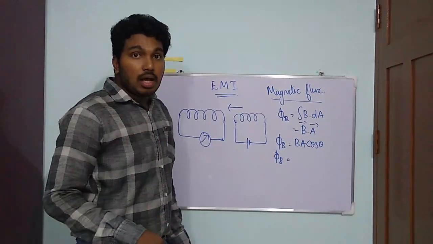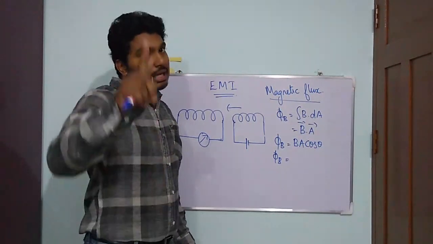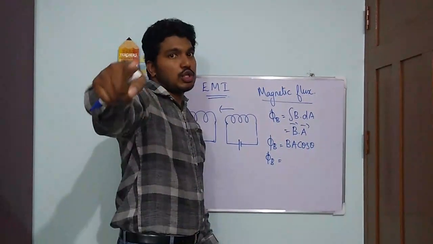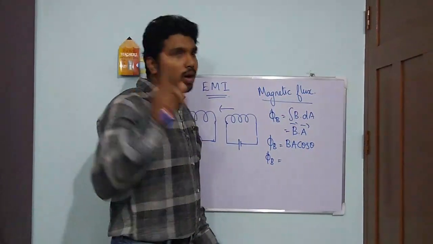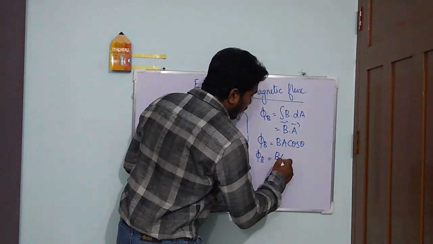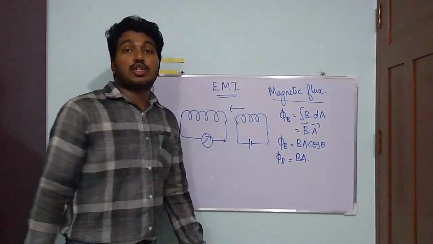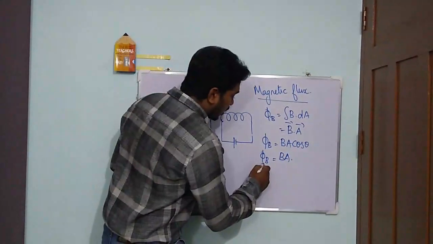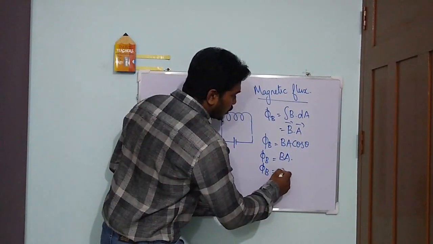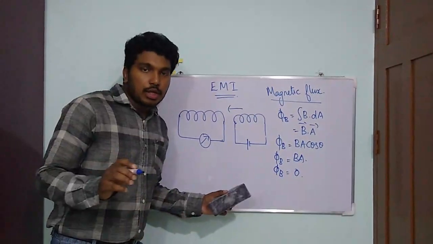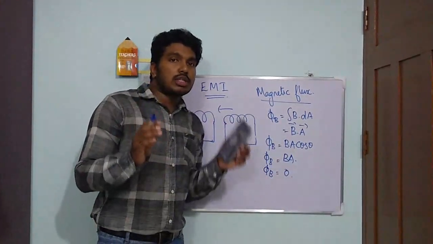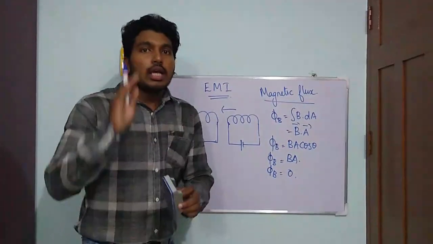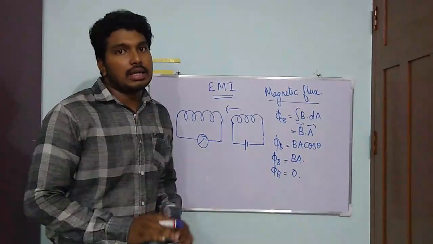Theta should be 0. What is cos 0? 1. So it is maximum. And for flux to be minimum, theta should be 90 degrees and the corresponding flux will be 0. Clear?